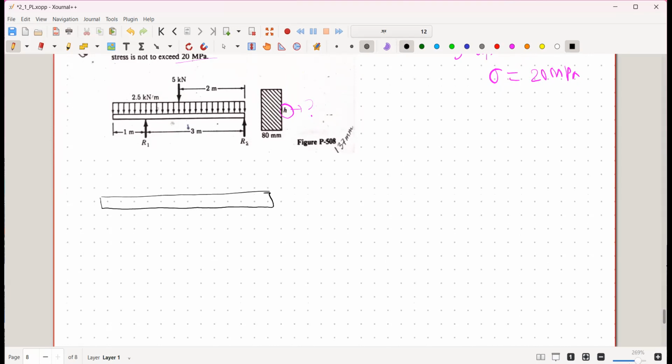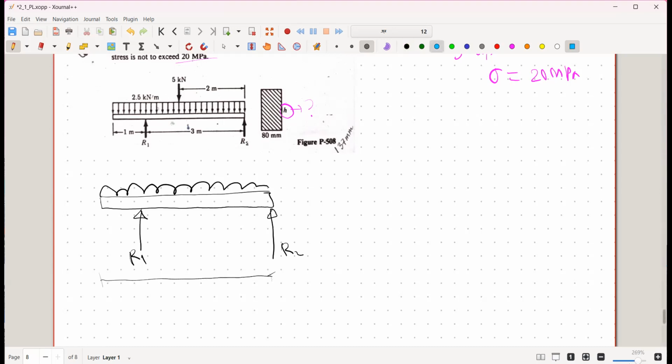There is a uniformly distributed load, and the length is 4.